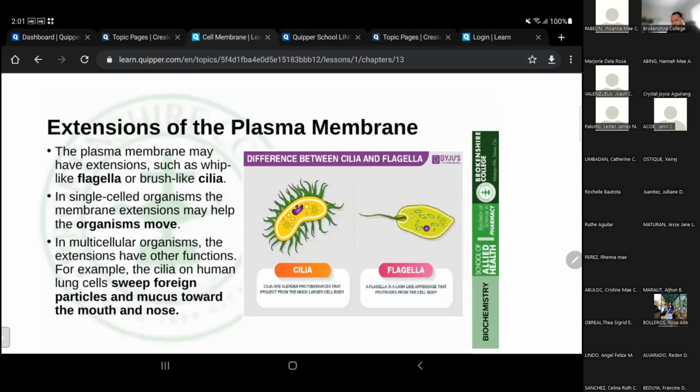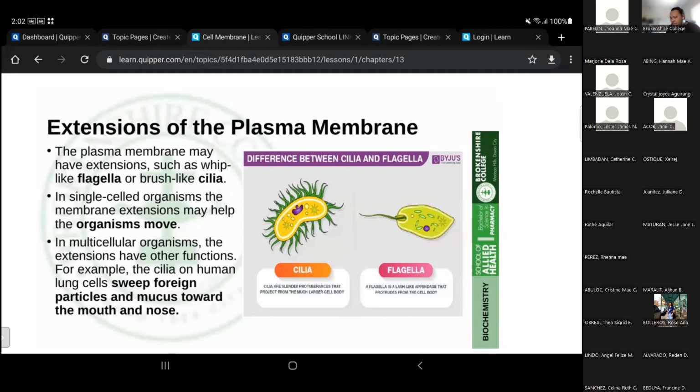In multicellular organisms naman, the extensions have other functions, such as cilia on human lungs, which whip foreign particles and mucus towards the nose and mouth. So remember, di ba, the characteristic of the tissue that we have in our lungs, in your human anatomy, it is stratified ciliated epithelial cells, no?